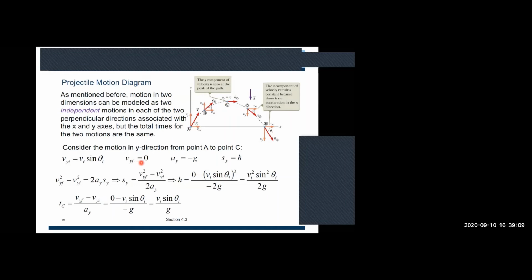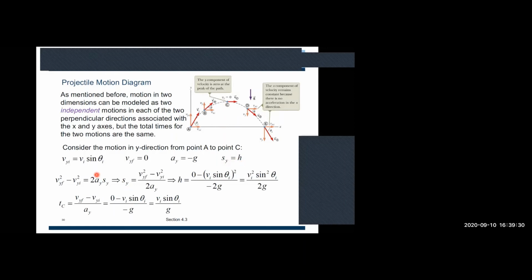Vyf equals 0. Acceleration in the y direction is -g because that is being pulled by gravity. And the displacement is the maximum height reached by the projectile motion. So Sy is equal to h.